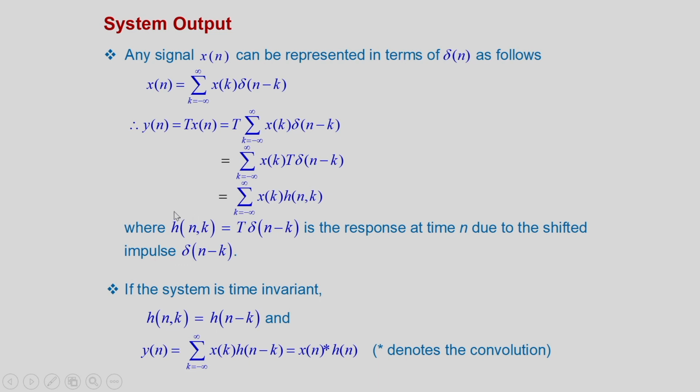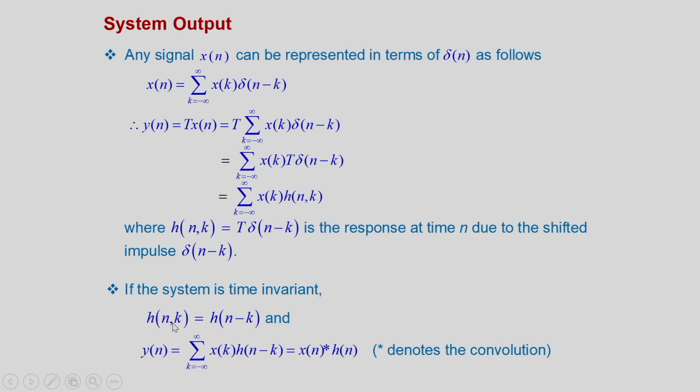As I said, this h[n,k] is the response at time n due to this shifted impulse delta[n-k]. Now, suppose the linear system is time invariant. In that case, the output due to the delayed impulse will be just the delayed impulse response.